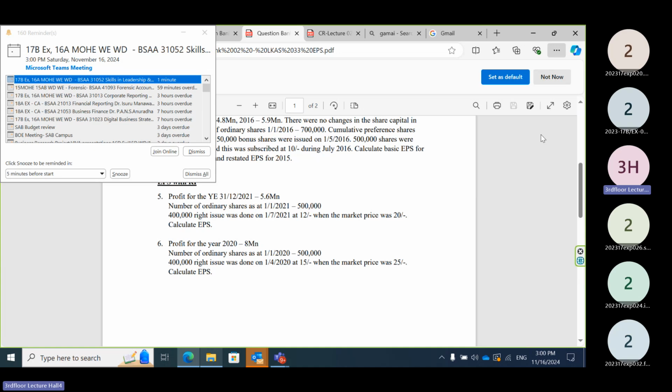So then you have to calculate the adjustment factor, you have to calculate the bonus element. Likewise, you have to give advice. And mention required disclosures in the financial statements for the year ended 31st December 2023. Related disclosures that should be mentioned. So then this type of question may be there in the exam, right?